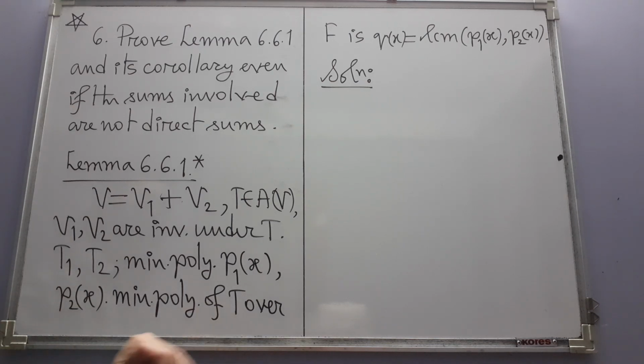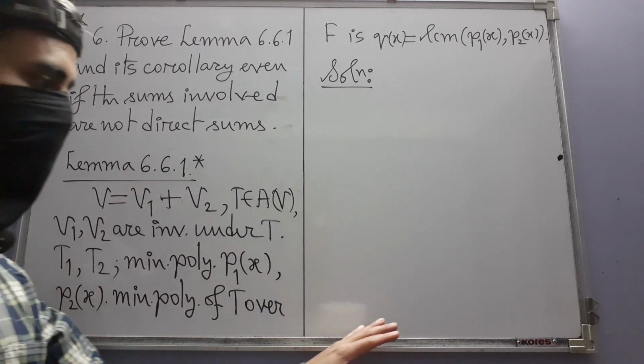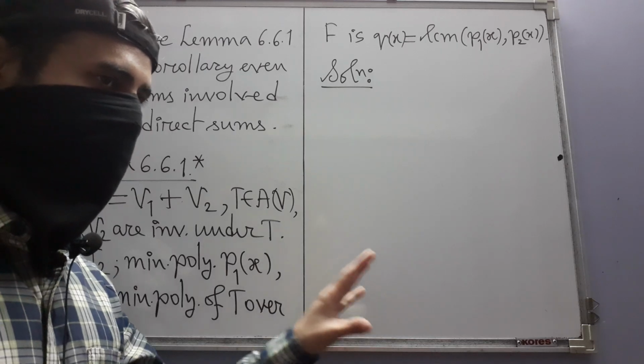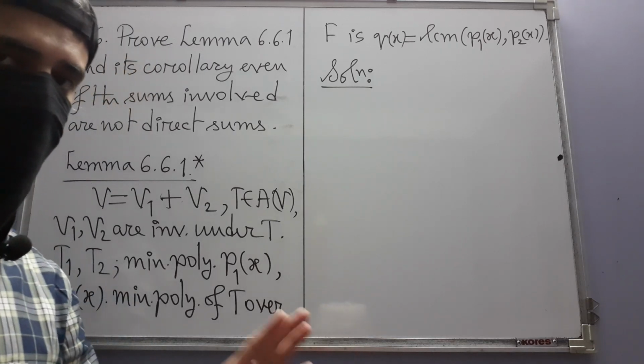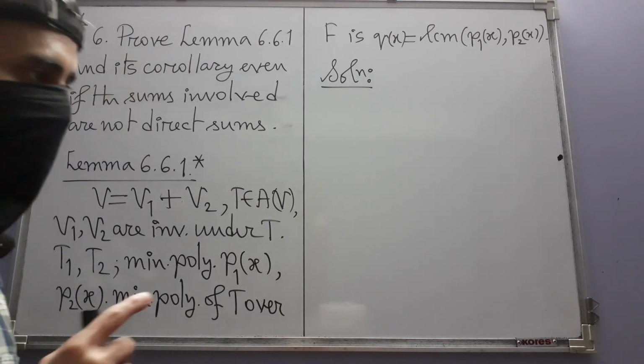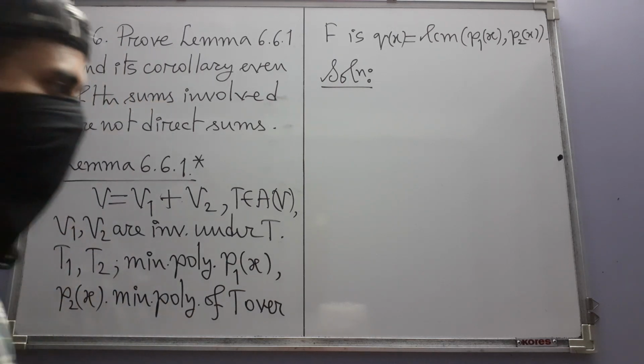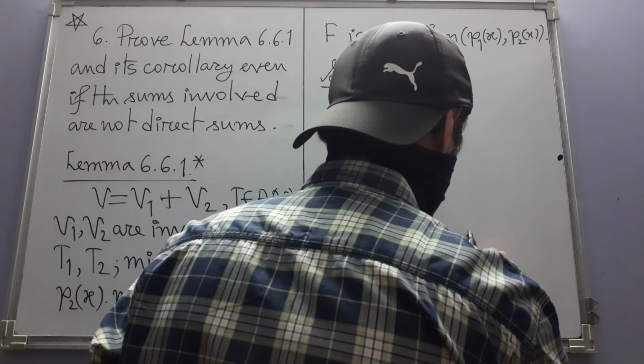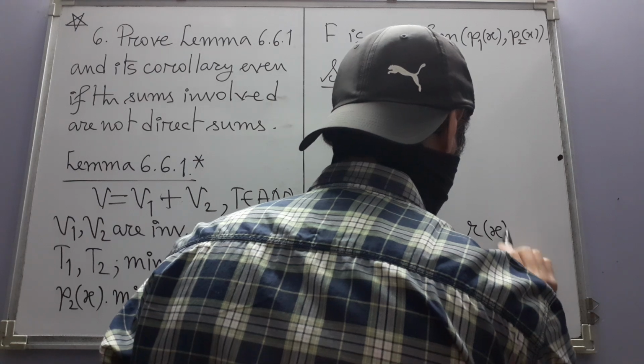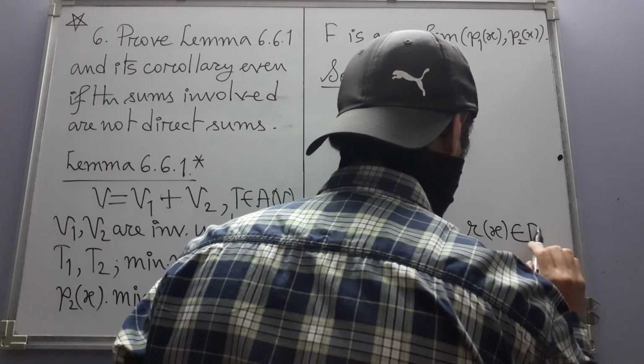So how did we prove this? We started the proof by having an idea, by having an observation that we had in the beginning of the section itself. So let's just go back to that. Say you take any polynomial R of x.